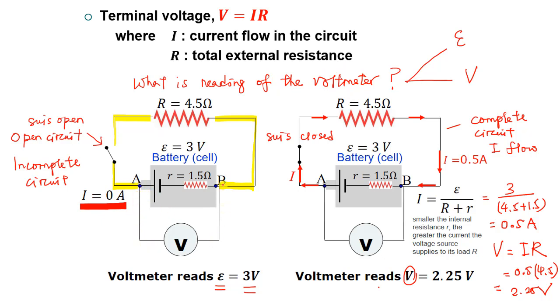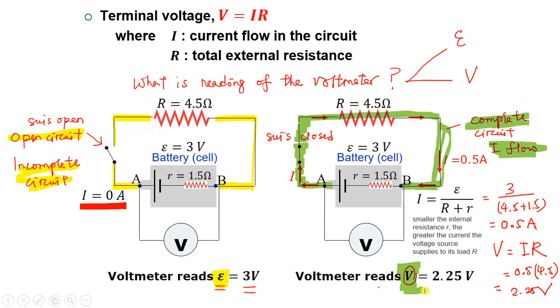Okay, so what the teacher wants to emphasise here is that what the voltmeter connected across the terminals of the battery measures depends on whether there is current in the circuit or not. If you have an open circuit, an incomplete circuit, then you will measure the EMF of the battery. If your circuit is closed, it is a complete circuit and current flows, and at that time you will measure the terminal voltage of the battery.